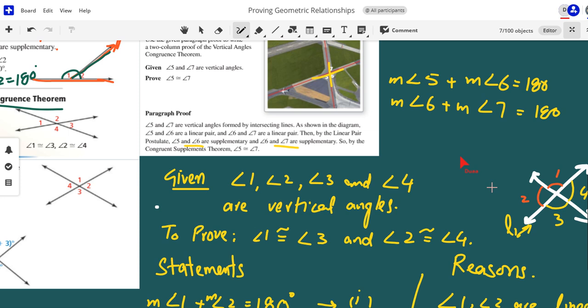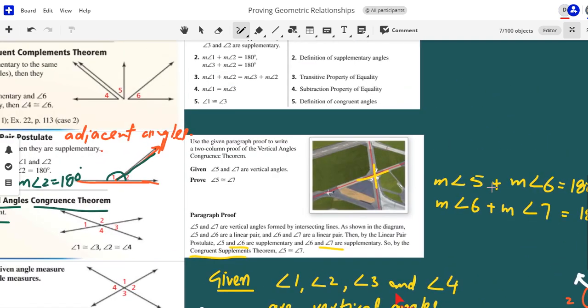Clear? Yes. Okay. So whenever two angles are supplementary to the same angle, we apply the congruent supplements theorem. What does that mean? If two angles are supplementary to a third angle, then the first two angles are congruent.